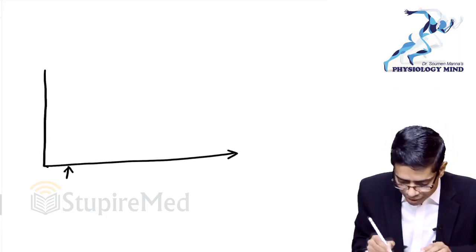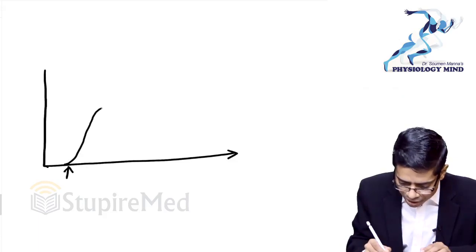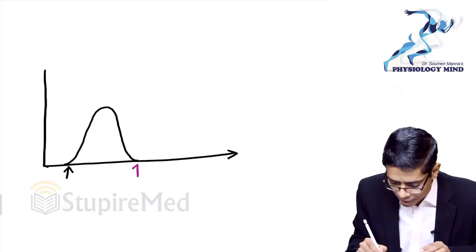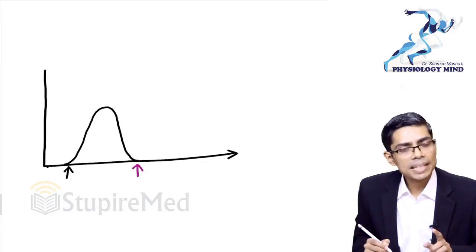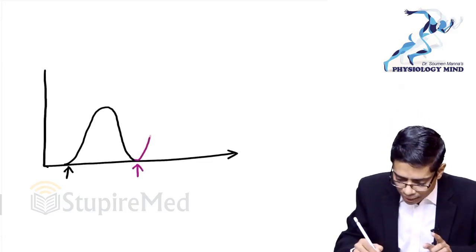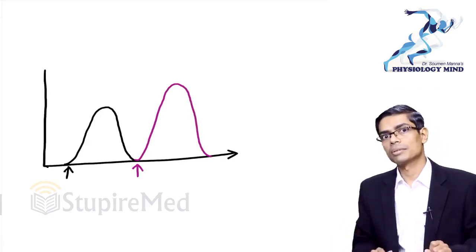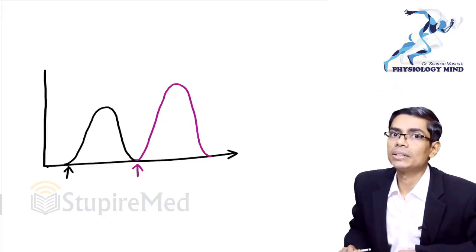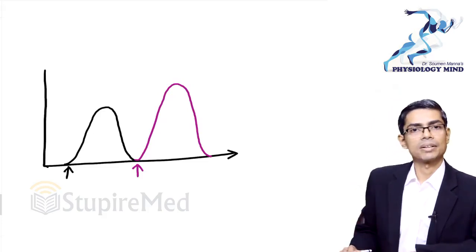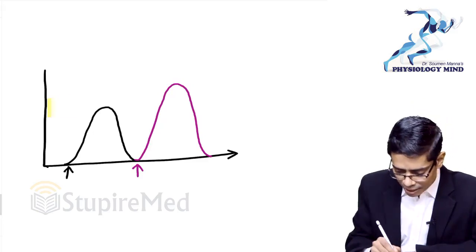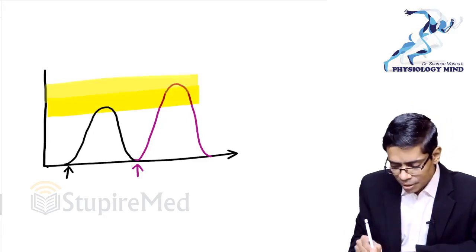One stimulus here gives one contraction followed by relaxation. Then I give a second stimulus here, and I get another contraction and relaxation. Now look, what has happened to the height of the second contraction? It has increased. The second contraction height is more than the first.